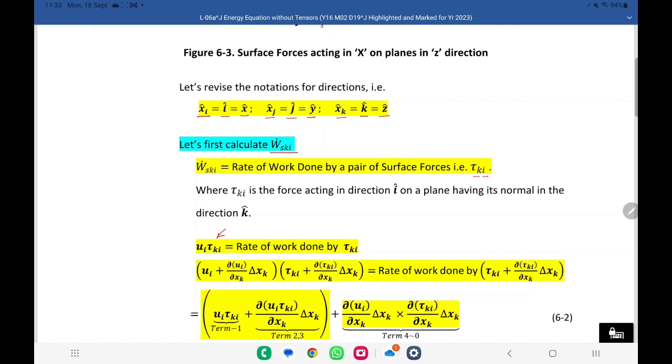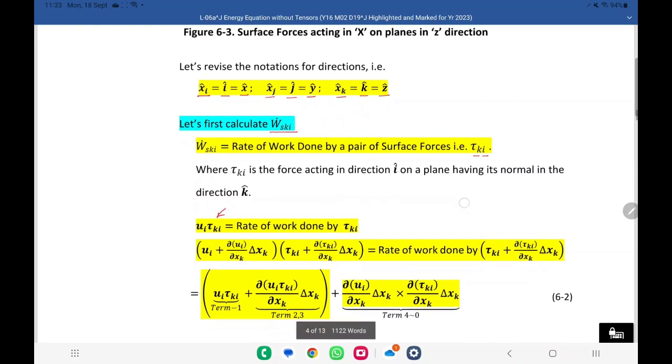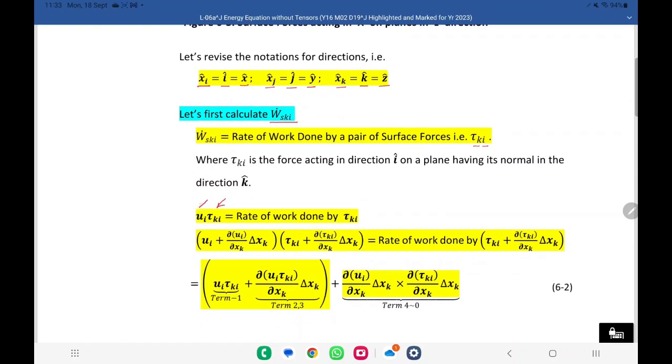Now if we want to find out the work done, you have to multiply the force with velocity. Okay, so at the moment it is telling you only work done per unit area, so we have to find per unit volume.